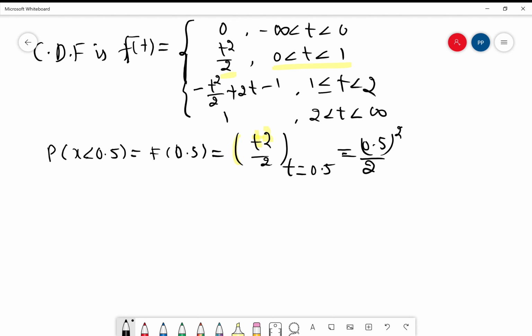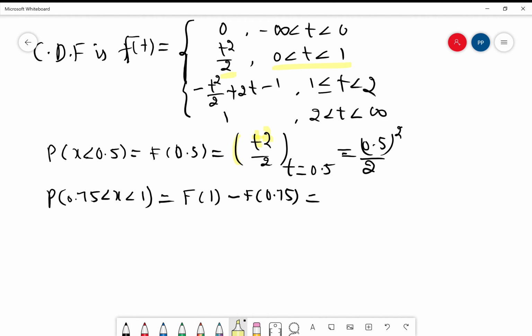Next, P of 0.75 less than x less than 1 equals F of 1 minus F of 0.75. Now here, 1 belongs to this interval.